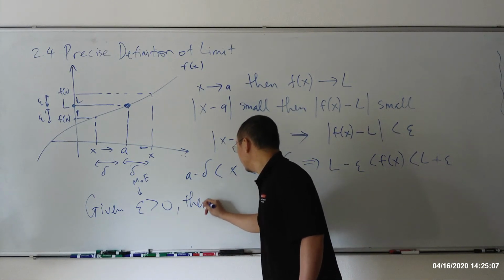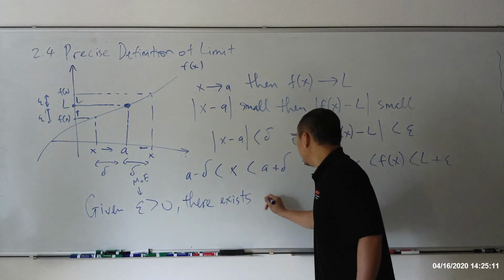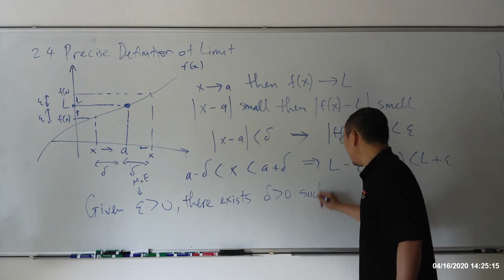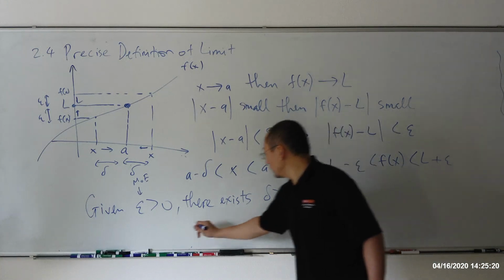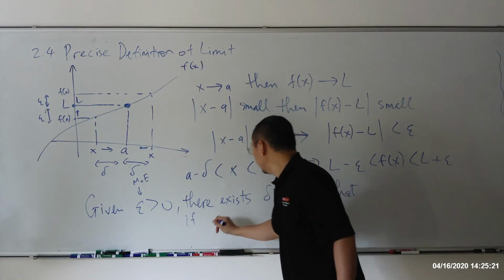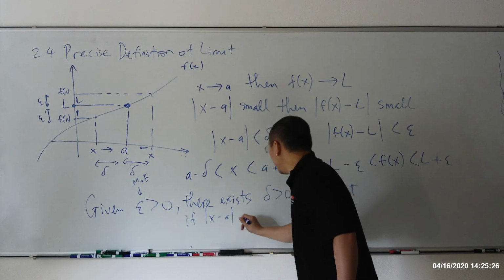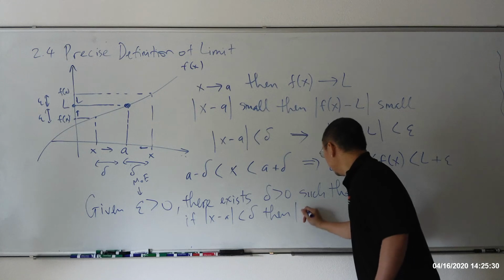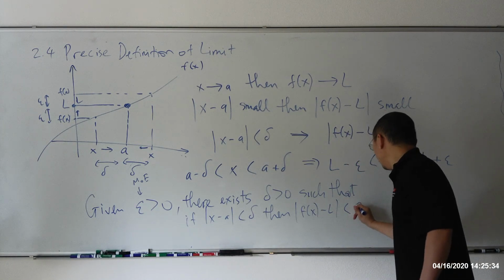There exists a number delta positive such that if the absolute value of x minus a is less than delta, then the absolute value of f of x minus L is less than epsilon.